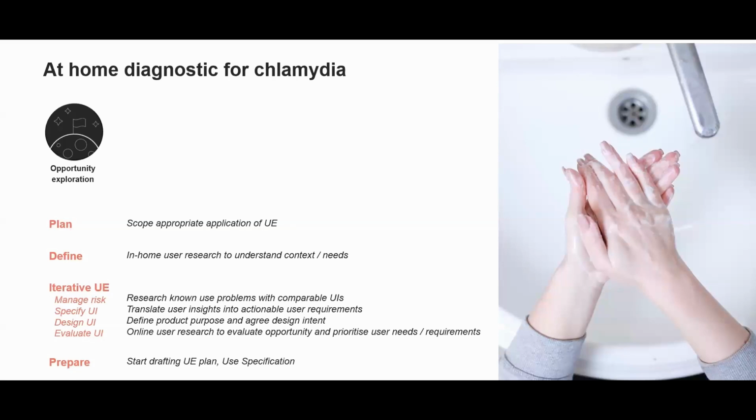Also thinking about use environments, so thinking about what the key environmental characteristics are. So in this case, it might be a bathroom, and thinking about the humidity, the temperature, poor lighting, for example, and the fact there might be limited surfaces available. Also defining what the key use scenarios are that you need to consider throughout your development, and evaluating those scenarios when you are doing your user interface evaluations.